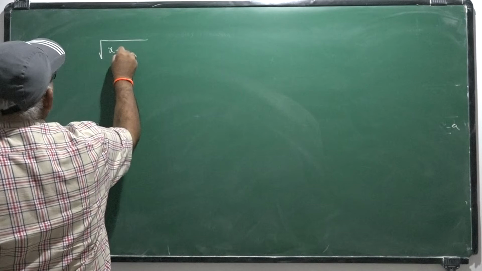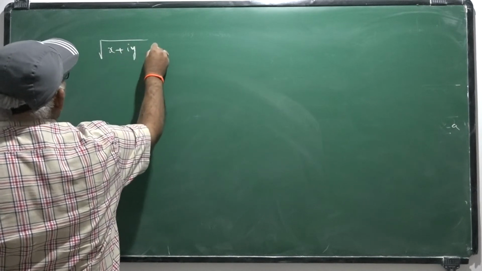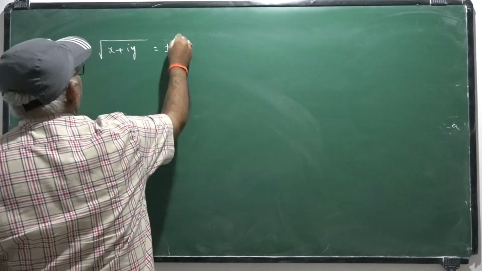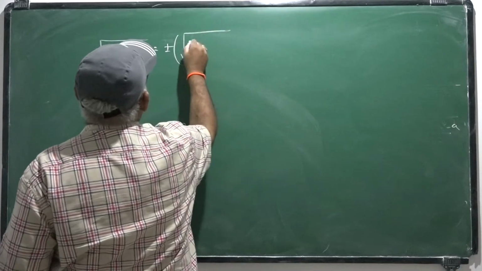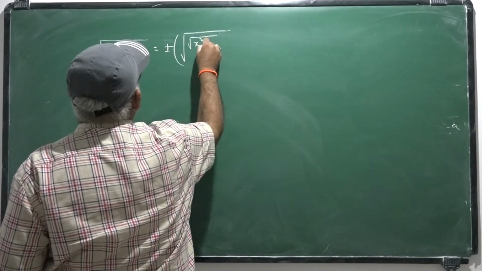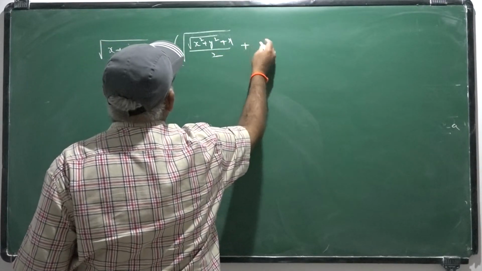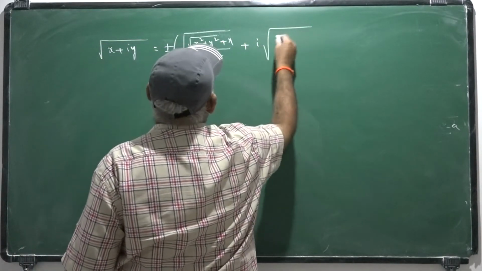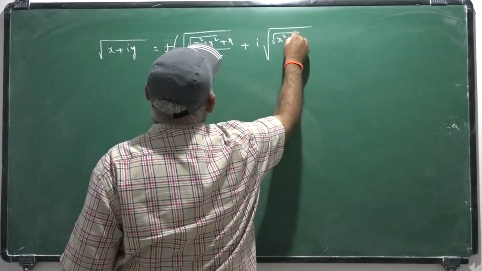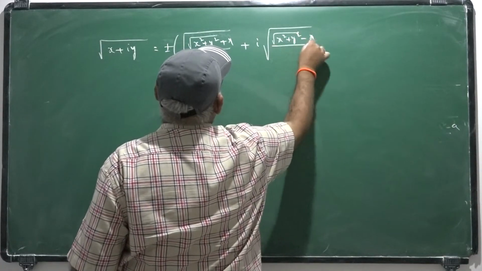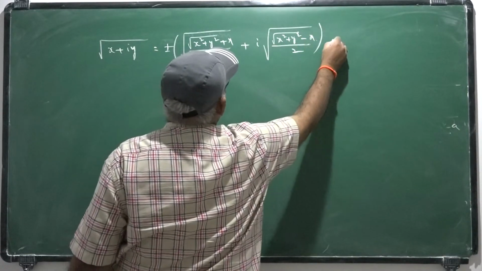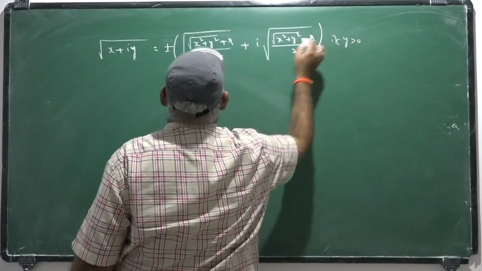Similarly, once x plus iy is given, the square root is square root of (root over x square plus y square plus x) by 2 plus i into square root of (root over x square plus y square minus x) by 2 if y is positive.